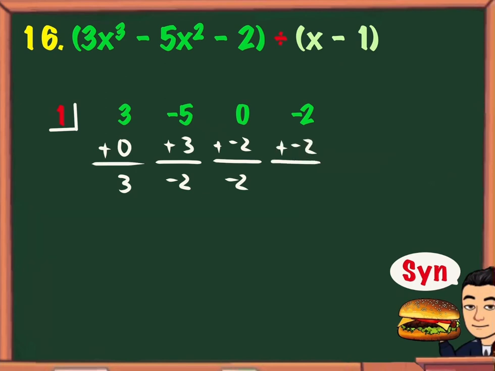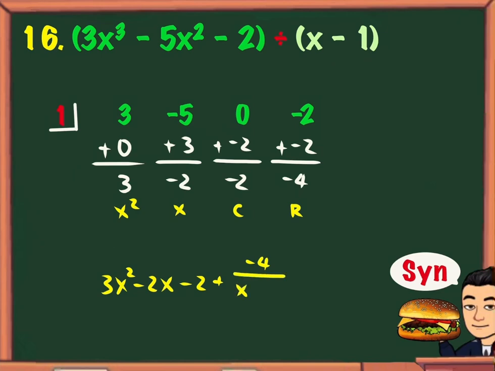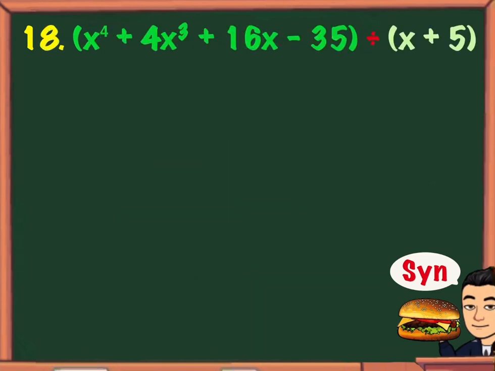Add it, you get negative 4. So this is the remainder, this is the constant, this is x, and this is x squared. So you can write your answer as 3x squared minus 2x minus 2 plus negative 4 over the divisor, x minus 1.